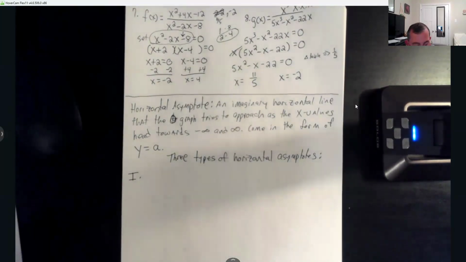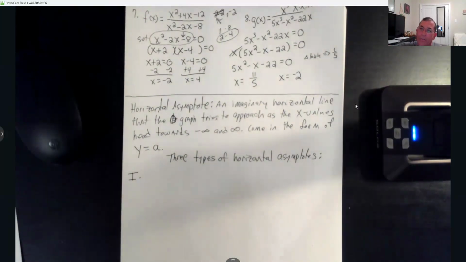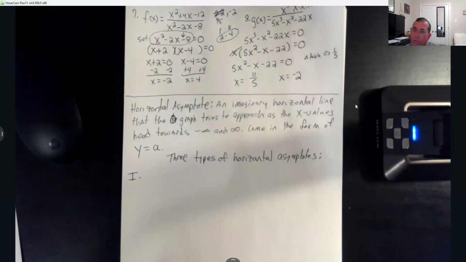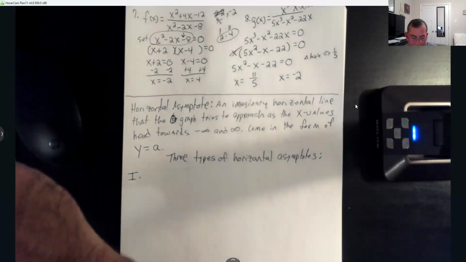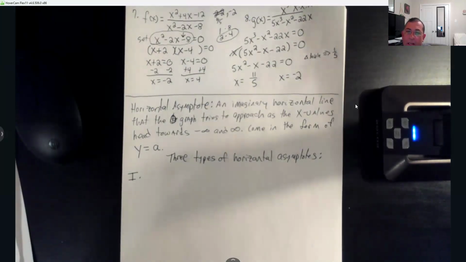Horizontal asymptotes depend on the degree of the numerator versus the degree of the denominator. And remember, the degree is the highest exponent.